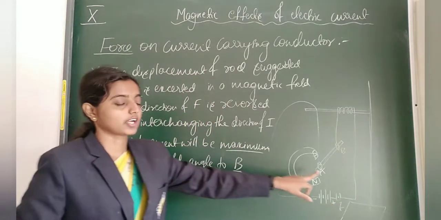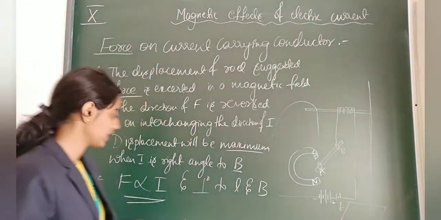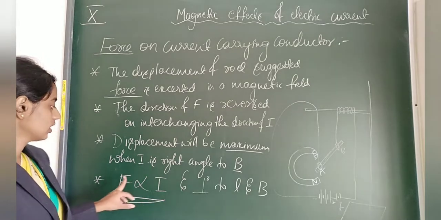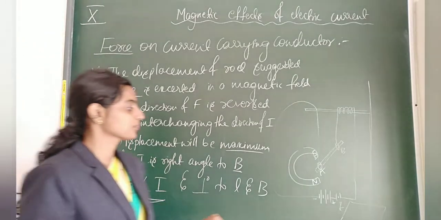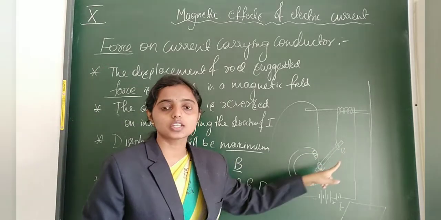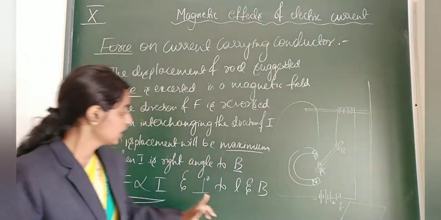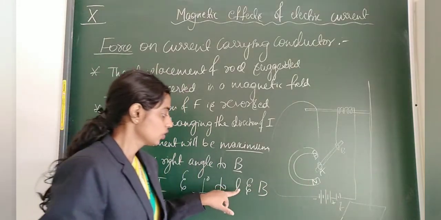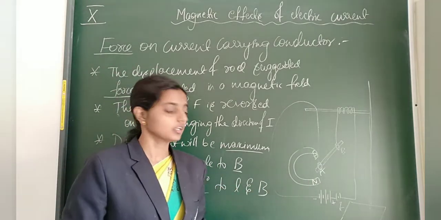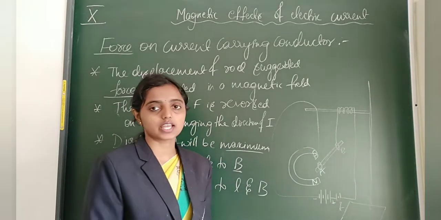If the current is more, then we get a larger displacement. And you can say that the force is perpendicular to the length of the rod. Remember, here we are using an aluminium conductor, and the force is perpendicular to its length and to B, the magnetic field. So these are the points which we can learn from this experiment.